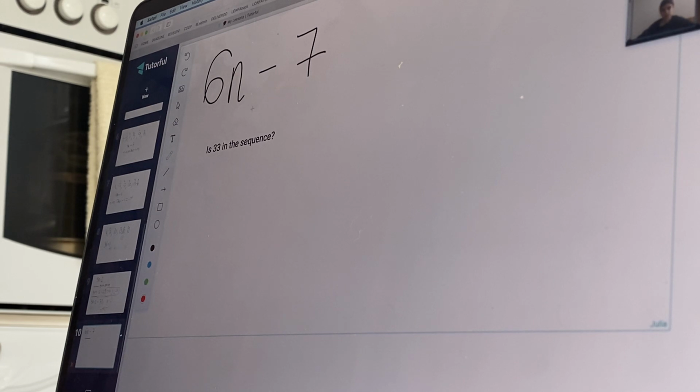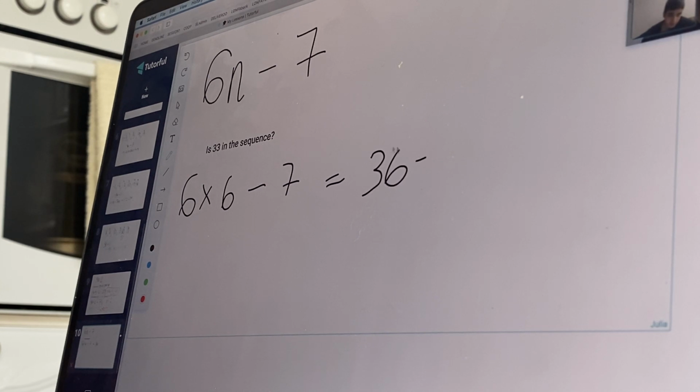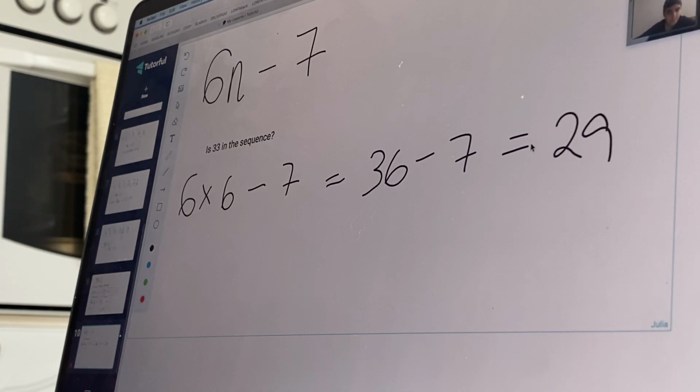No, it's not, so let's do this. 6 times 6 is 36, yes? Subtract 7, it will go below 33. Subtract 7, which is 29. But what is the next term? Maybe could be 33?